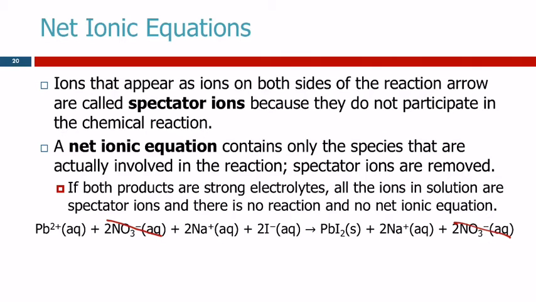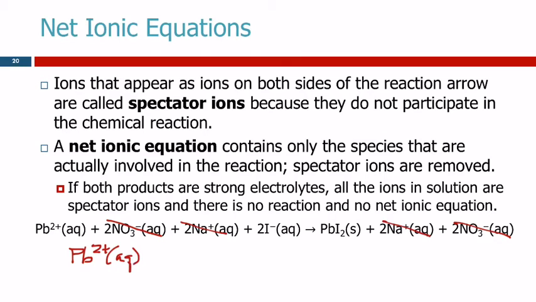What's the other spectator? Sodium. Here's sodium ion, sodium ion. Didn't participate in the chemical reaction. It was there, but it was just watching. So we cross the spectators off, and then we just write down what's left.